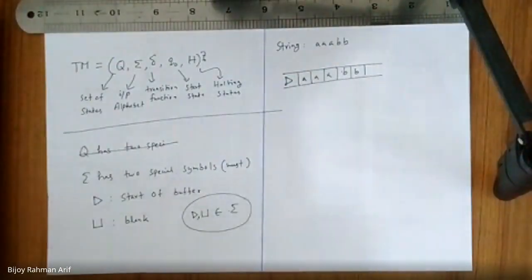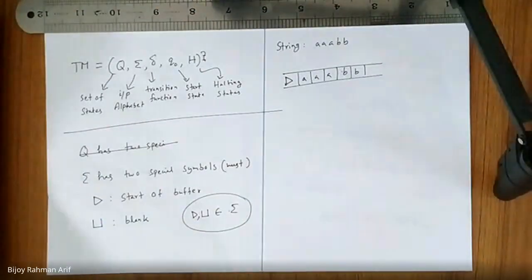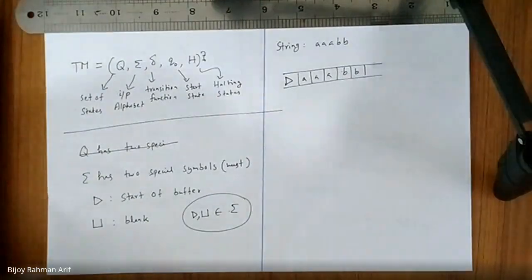At the very beginning of the buffer, we are going to assume there is a triangle. Okay, any question, guys? So at the start of the buffer, we always consider a triangle. What is the specialty about the triangle? We are going to discuss later.